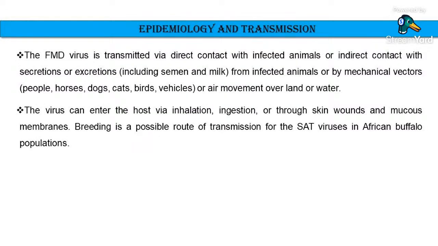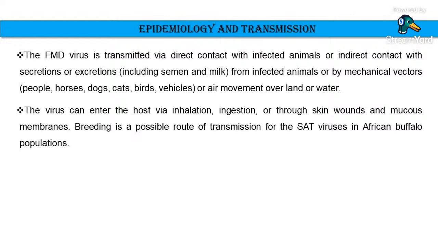The FMD virus is transmitted directly through infected animals, through direct contact with secretions or excretions of the animals, or by mechanical vectors. The carriers include people, animals, birds, vehicles, or air movement over land or water, because it gets transmitted through the air, over land, or on water.